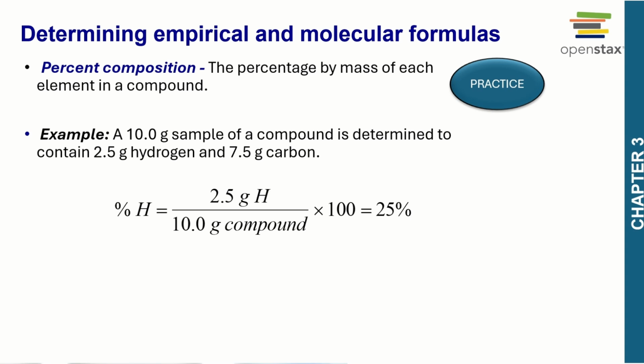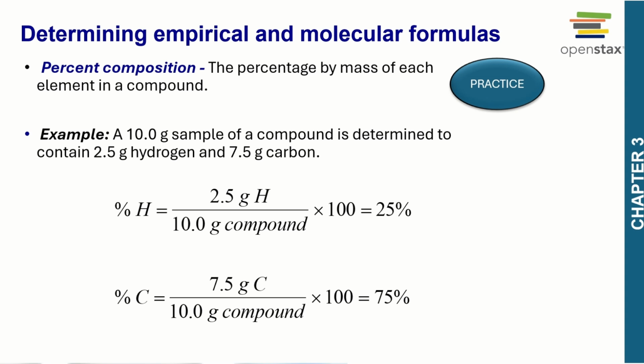So I have a 10-gram sample, and I divide the part by the total, and I have the percent composition. It's always part divided by the total times 100. So that is the mass percent composition.